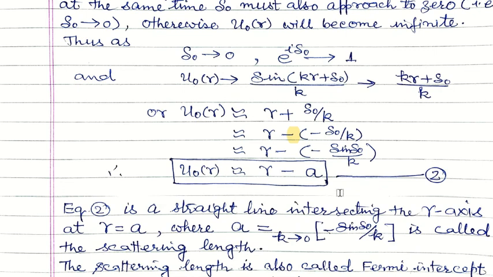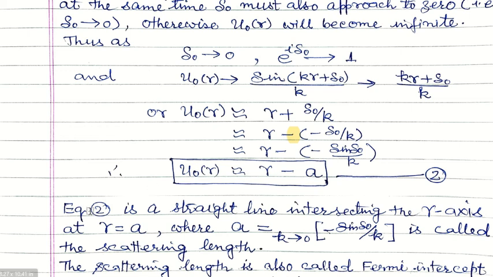Now you can see from this equation 2, if we take u0(r), this wave function, on the y-axis, and r on the x-axis, then this is the equation of a straight line, y is equal to mx plus c type equation.